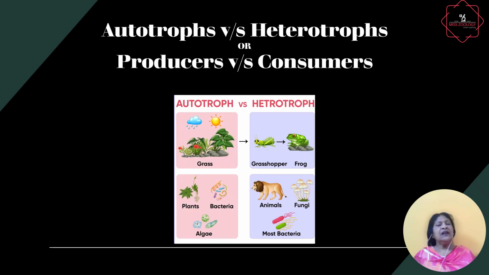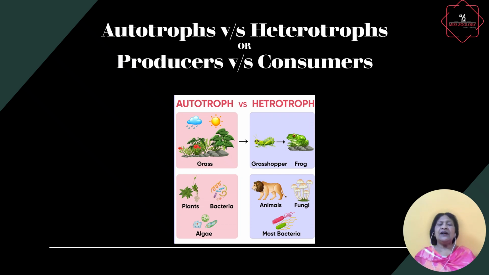Here we are trying to differentiate between the autotrophs and the heterotrophs. Instead of the point being written as autotrophs and heterotrophs, if you are asked to differentiate between producers and consumers, the points would indeed tally in a similar way.